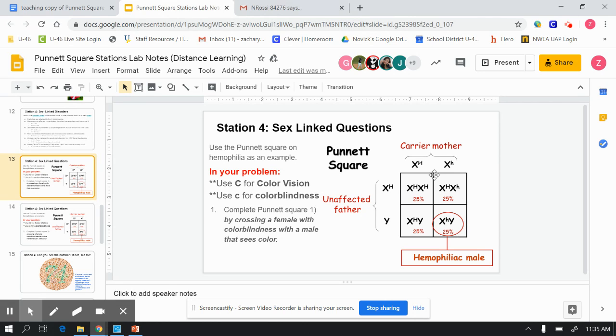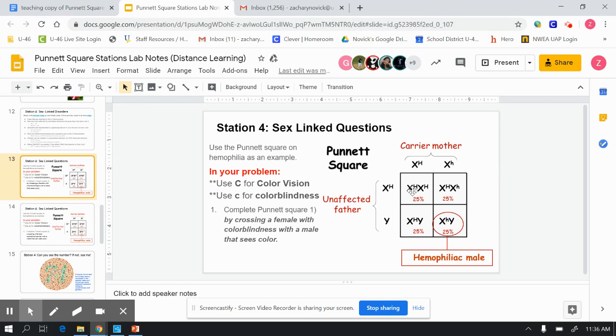So now that you understand the relationship between what these letters all mean, where the X and Y is indicative of the parent's sex, and the H is indicative of the allele associated with the sex chromosome, you can see what's going on with their offspring.